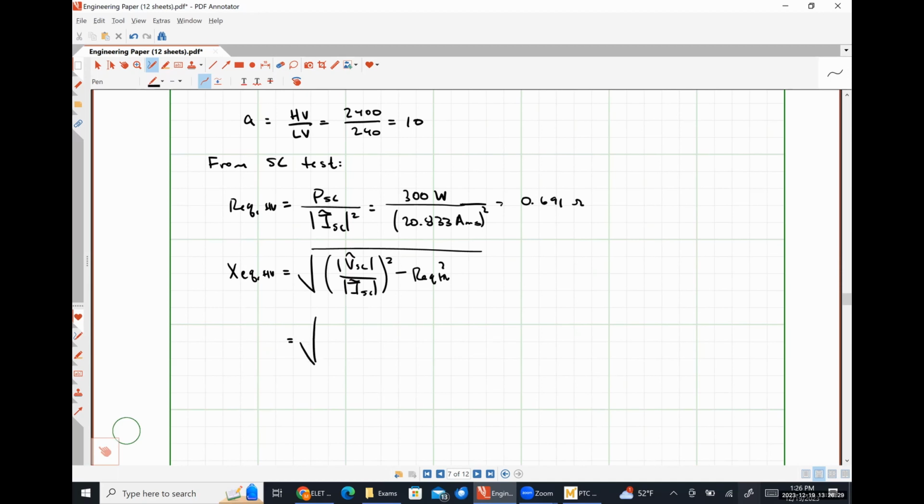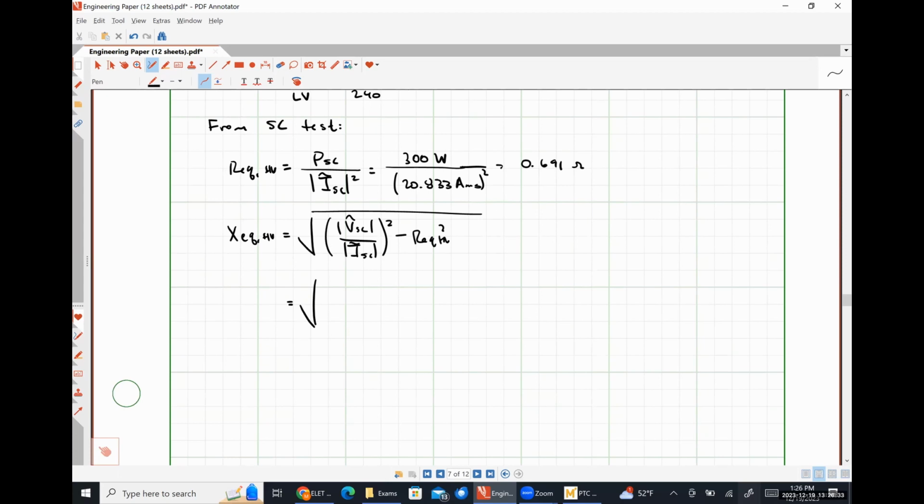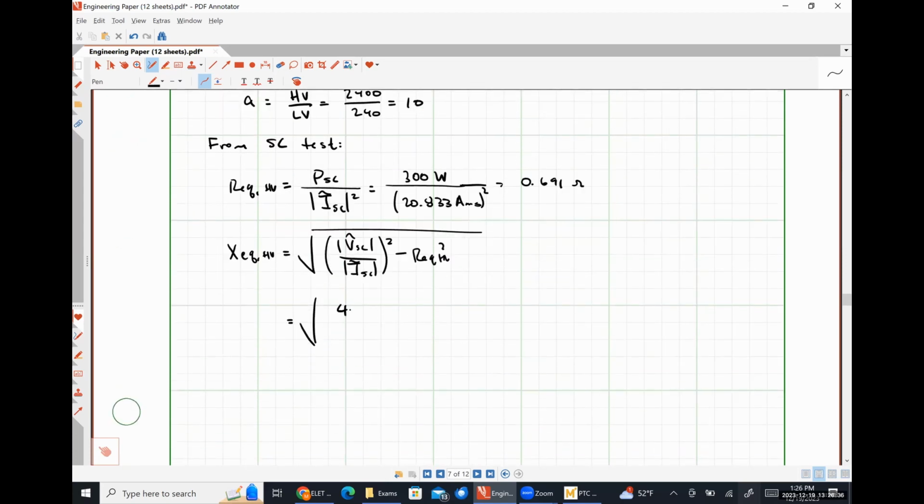So that's going to be the square root of 45 volts over 20.833 amps, squared, minus 0.691 ohms squared. I get 2.046 ohms.